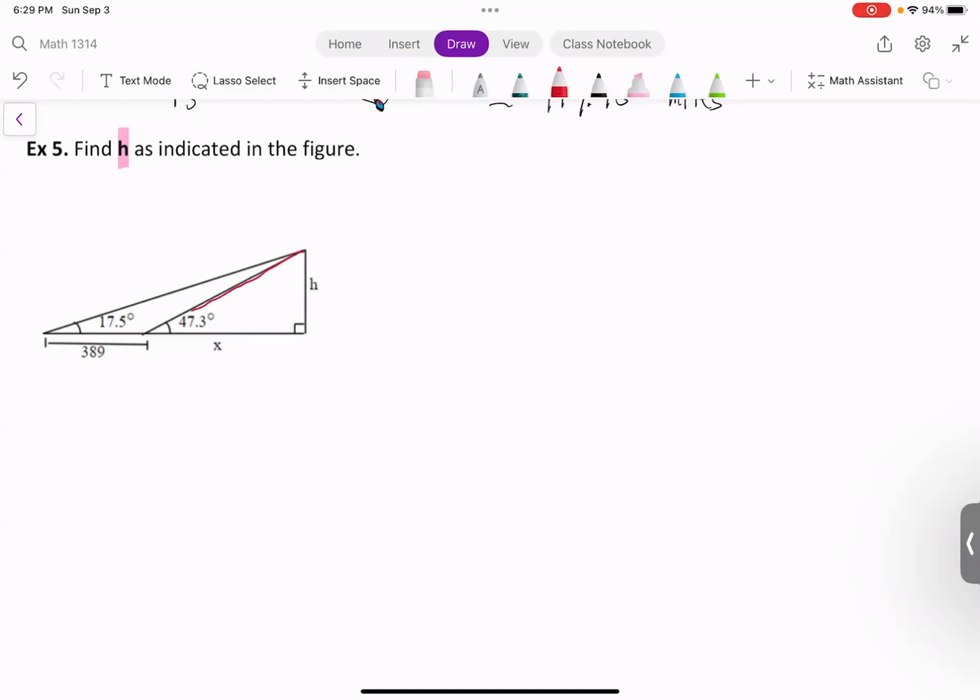If I'm looking at this right triangle, I know the angle, I know the opposite side, and here is the adjacent information. So I can list one equation: tangent 47.3 degrees equals opposite over adjacent, h over x.